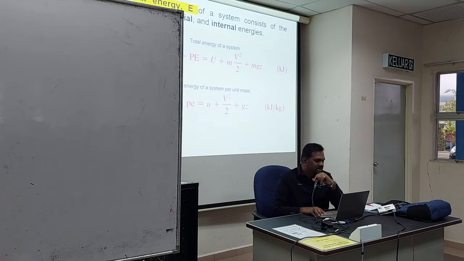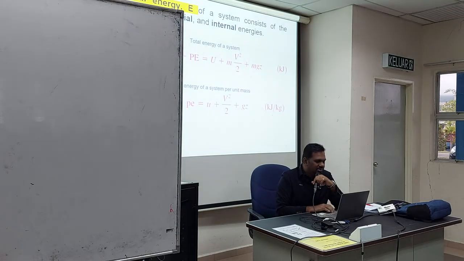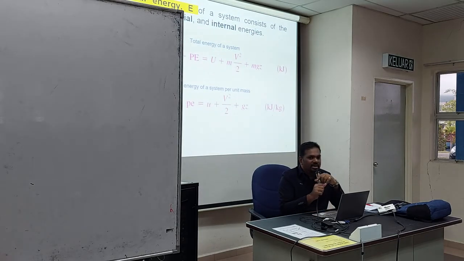Okay, total energy. The total energy of a system consists of three things. One is the kinetic energy, KE, and potential energy, PE, and also internal energy, U. So if in the exam they ask you to explain the total energy of a system, you explain based on this formula.